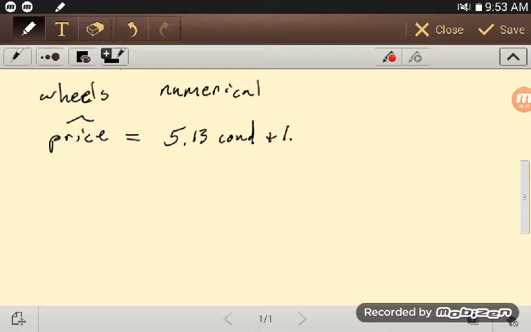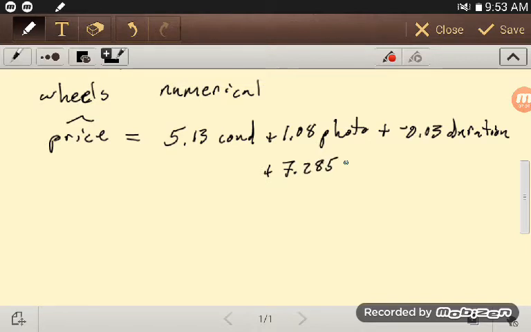Plus 1.08 times the photo, minus 0.03 times the duration, and then plus 7.2852 times the wheels.